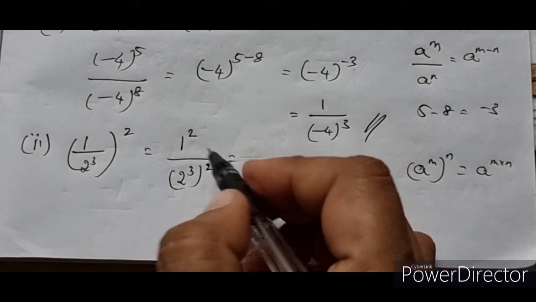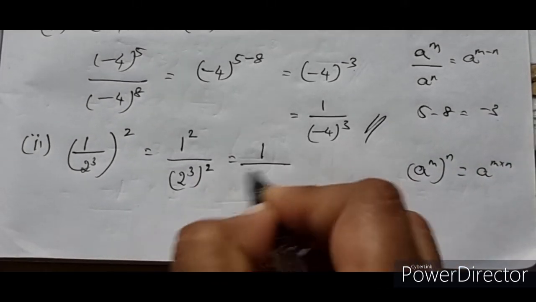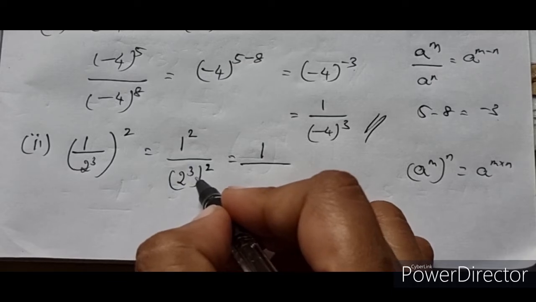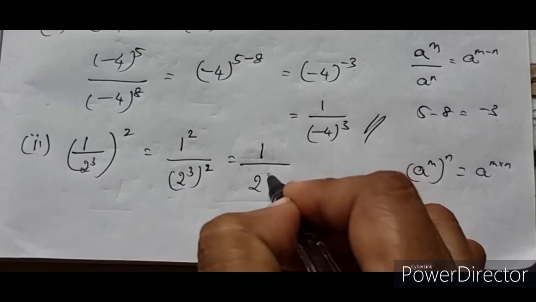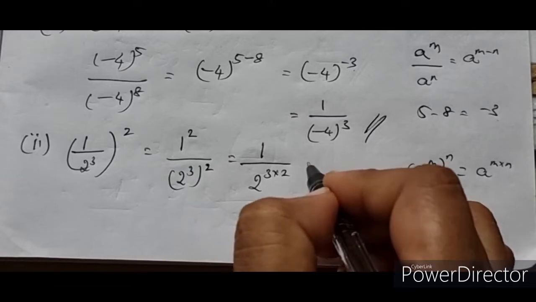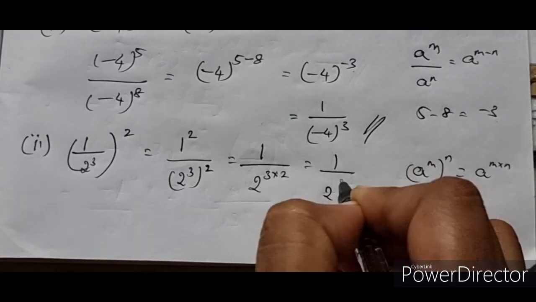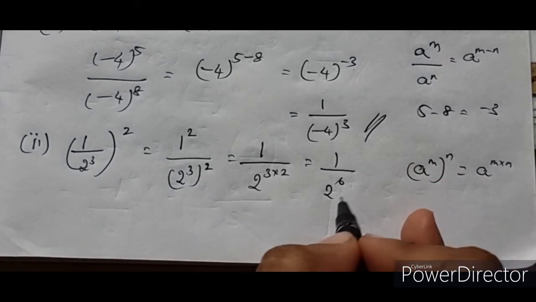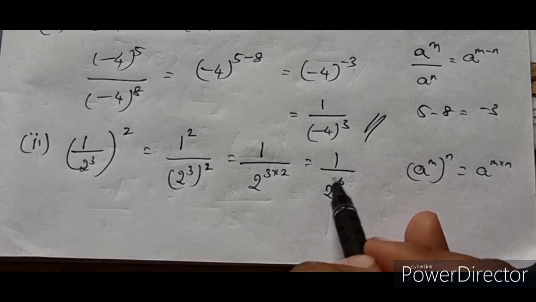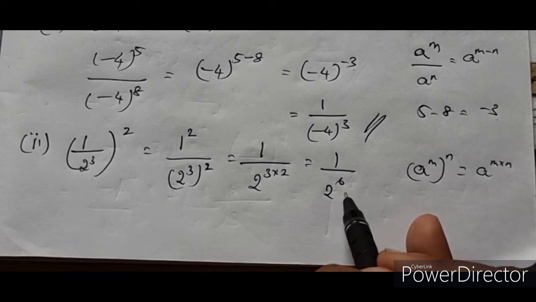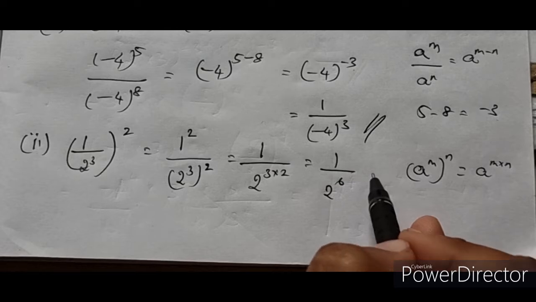Similarly, 1 square is 1 and 2 to the power of 3 whole power 2 becomes 2 to the power of 3 into 2, which is nothing but 2 to the power of 6. So we are just keeping the power notation and it is already positive, and this is the answer.